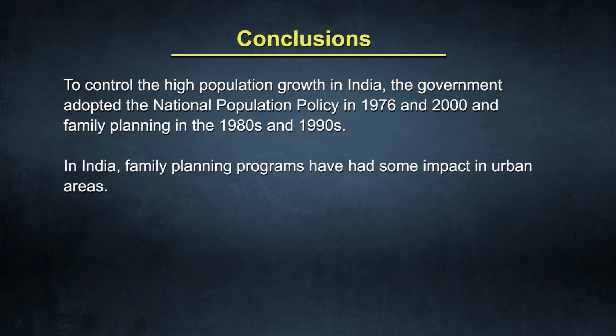These population policies and family planning have some impact in the urban areas, but on the whole, these population policies and family planning were not effective in reducing the population growth in our country. As a result, we have experienced a very large population in India.